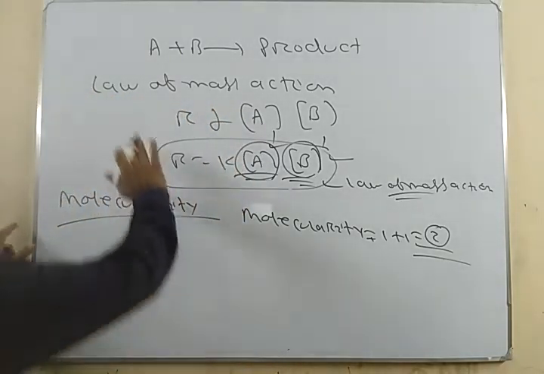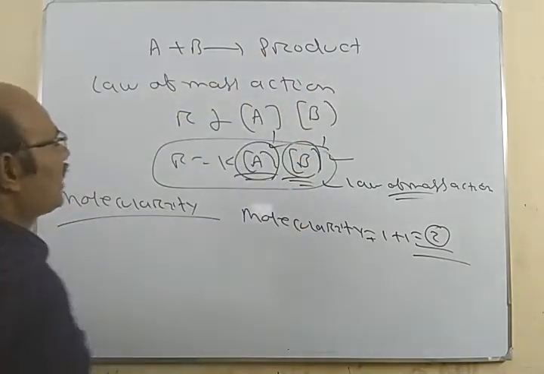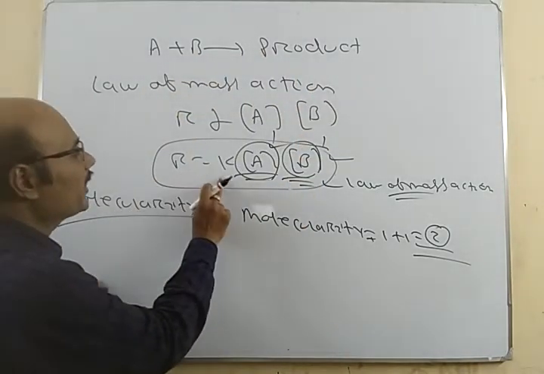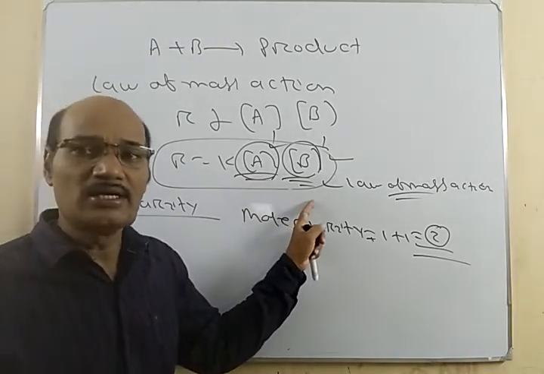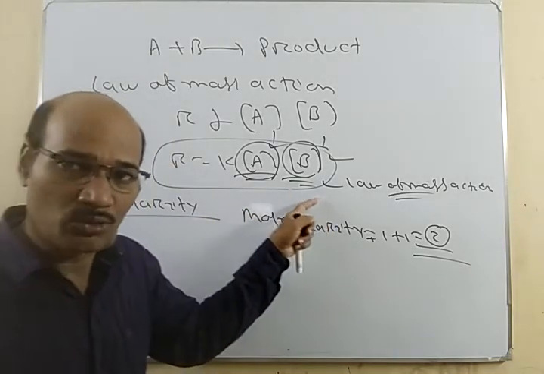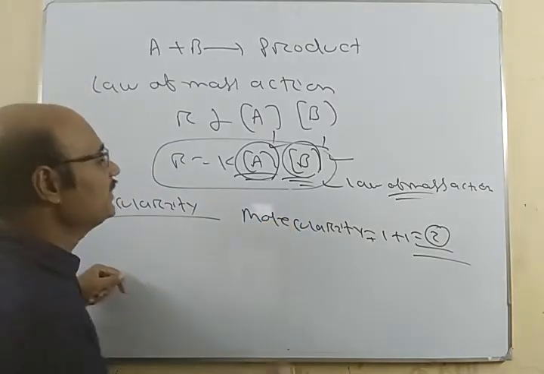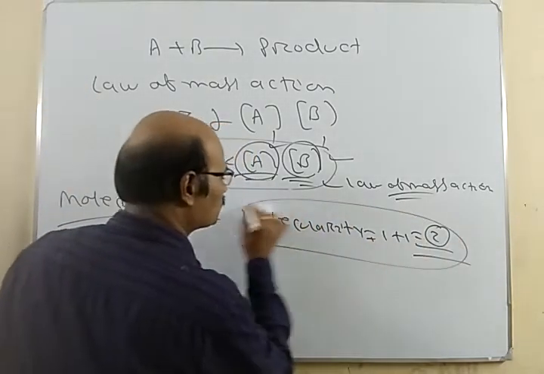Here, R equals K[A][B] means two molecules A and B are colliding with each other, and hence the molecularity is 1 plus 1, that's 2.